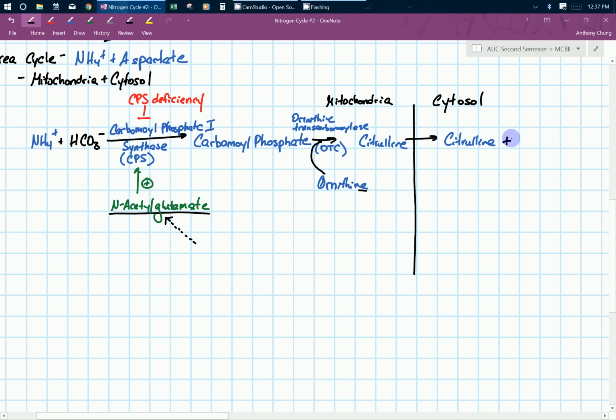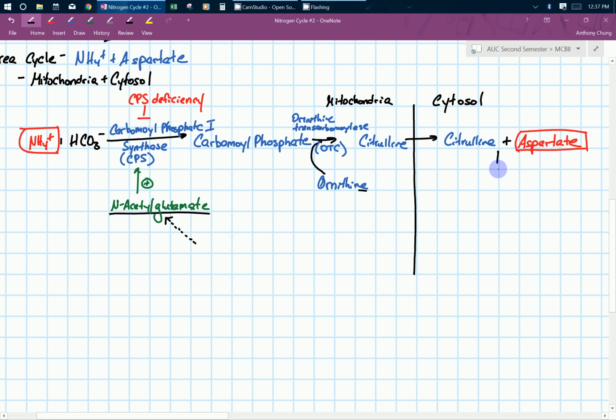And it combines with a substrate that you know about already: aspartate. So that's where our two substrates come in. I want to draw them in red because they're really important, it's where they are and where they enter. Your aspartate enters in from the cytosol, your ammonia enters in from the mitochondria.